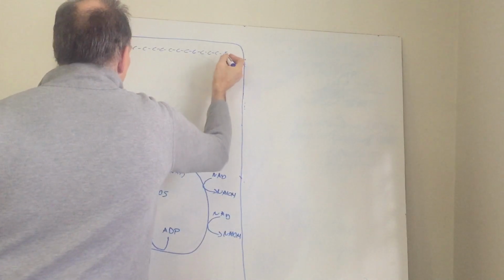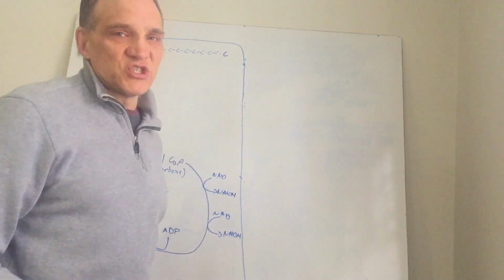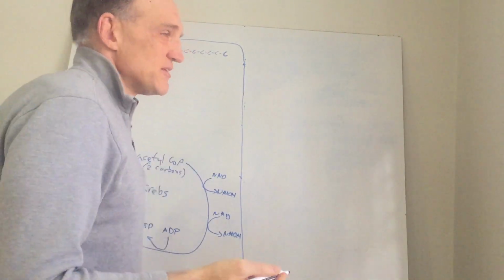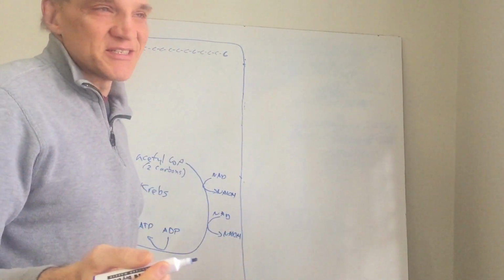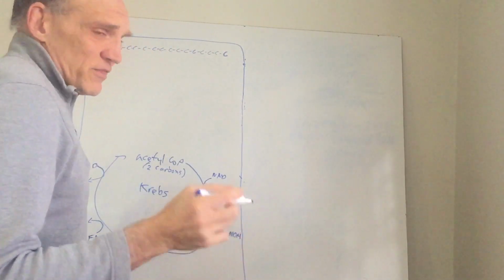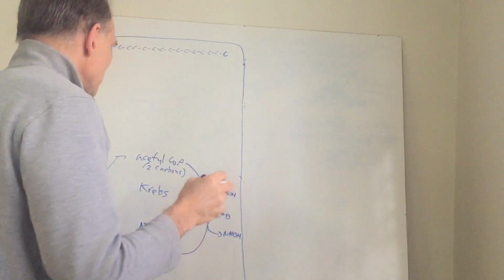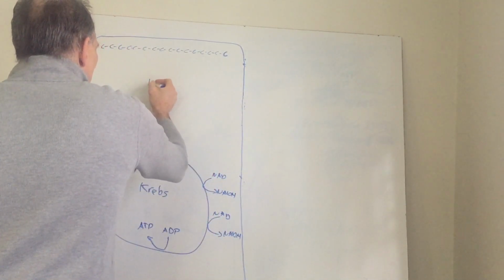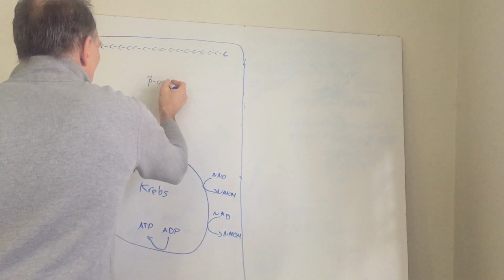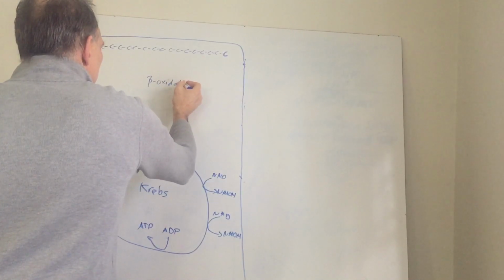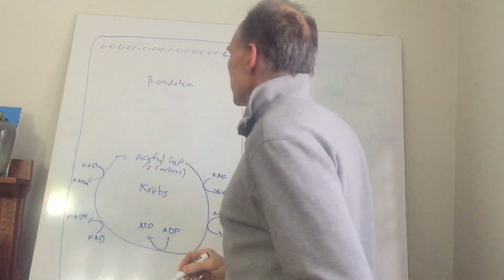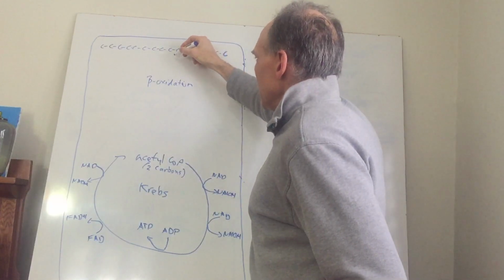So there's your 16 carbons. That's the chain in your 16 carbon fatty acid. I haven't drawn the entire fatty acid, just the 16 carbons. That is going to go through beta oxidation as your first aerobic pathway. So it goes through beta oxidation.